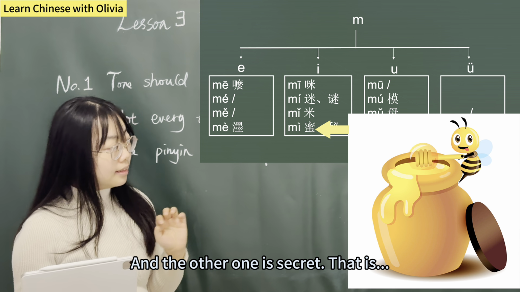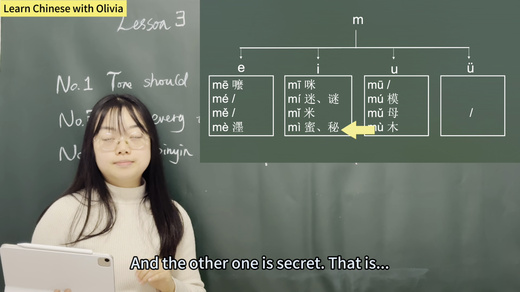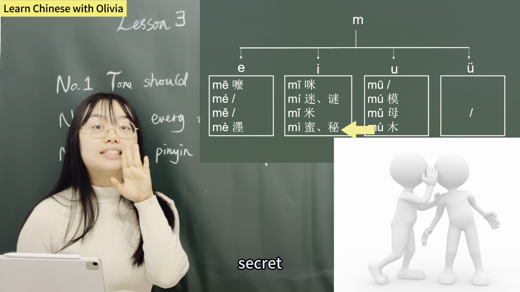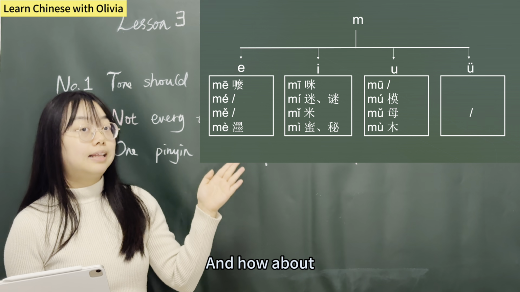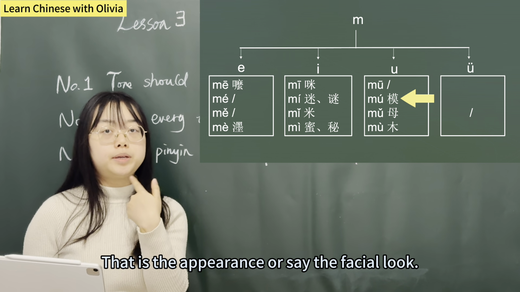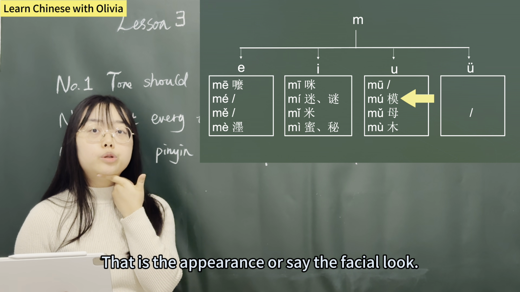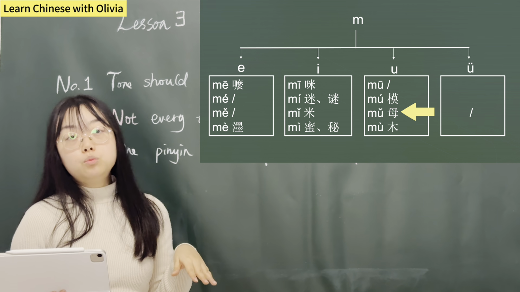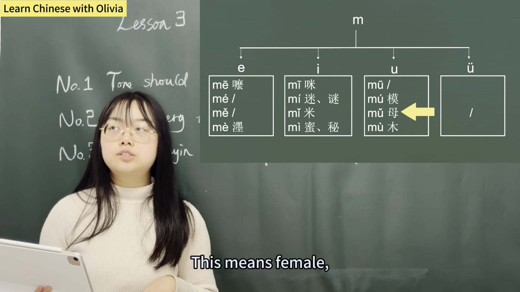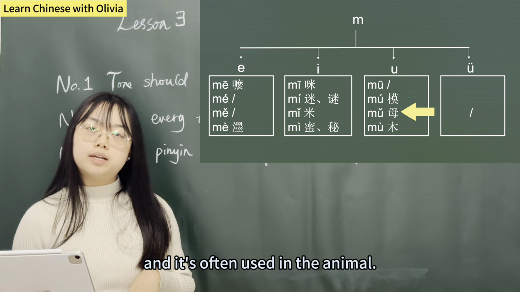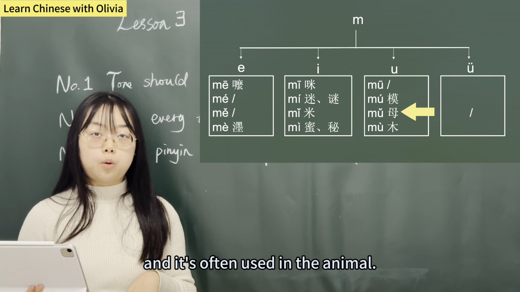Yeah, and the other one is sacred. That is me, sacred. And how about mu? Oh, that is appearance or say the facial look. Yeah. And then the next one is mu. That is female. But it often used in animal.